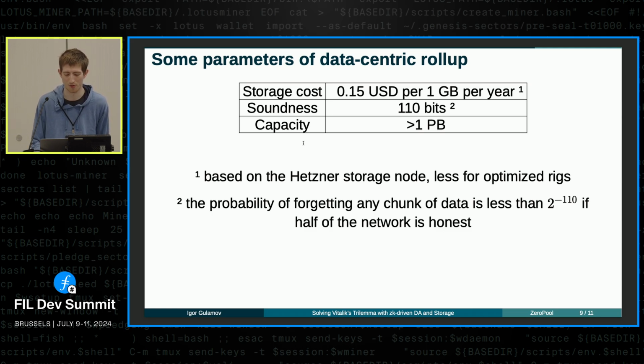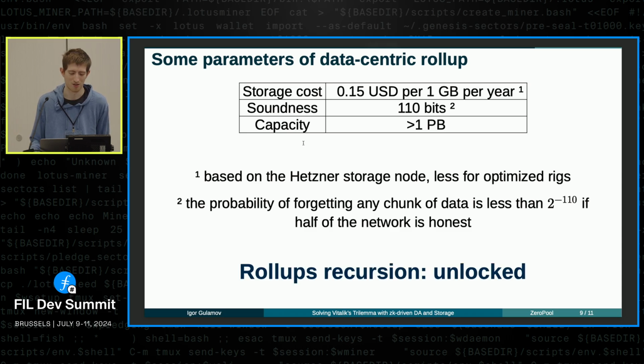And capacity could be more than a petabyte. And the main thing here is that rollup recursion is unlocked because we don't need any bottlenecks on L1, and the rollup can store its blocks data by itself.